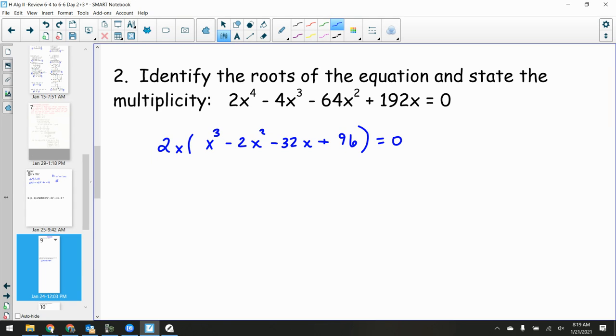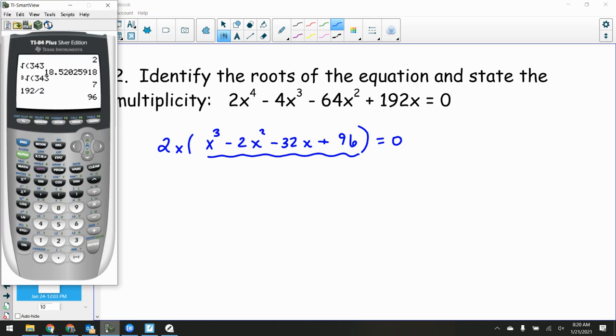Now, I would try to factor by grouping. Doesn't work. So what I'm going to do is put that into my calculator. So I go in here and say x to the 3rd minus 2x squared minus 32x plus 96, and let's see where that hits.